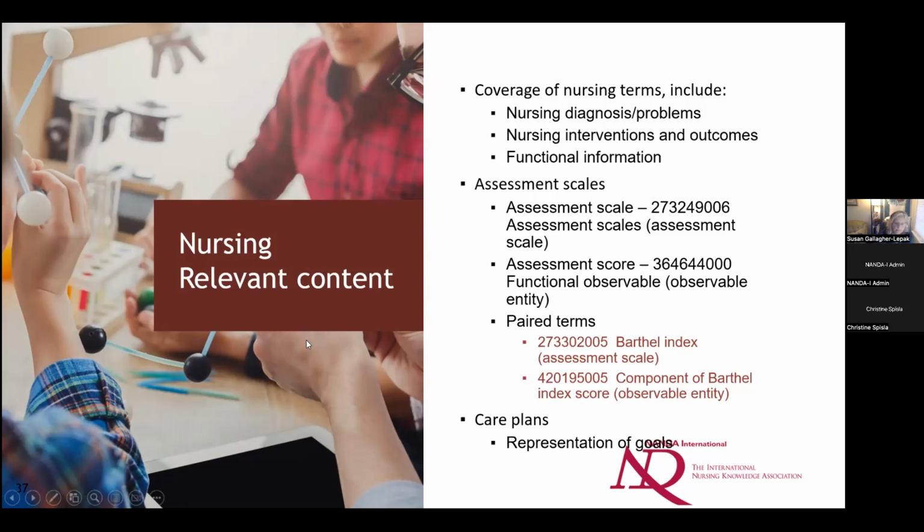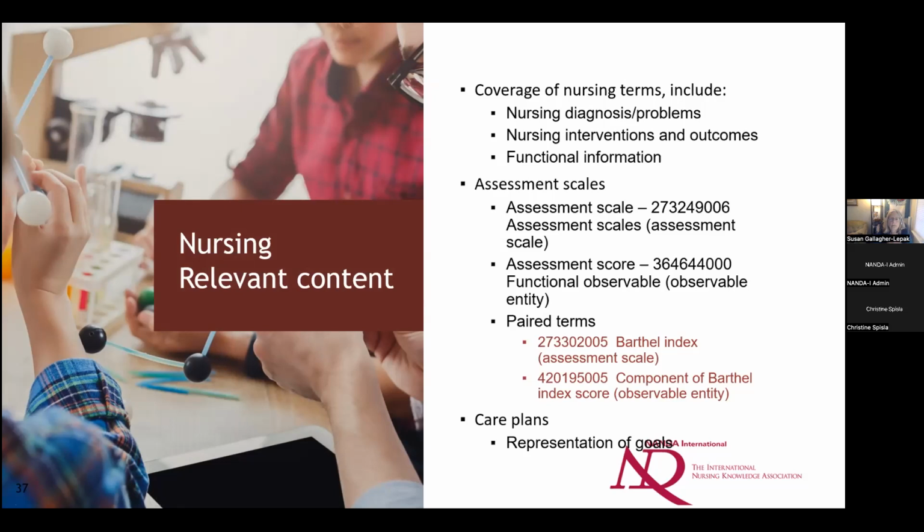the nursing content. So nursing content in SNOMED CT, there's lots of it there. We've got coverage in nursing diagnosis and problems. We've got nursing interventions and outcomes. We've got functional information, which includes our assessments on our patients. We've also got assessment scales.